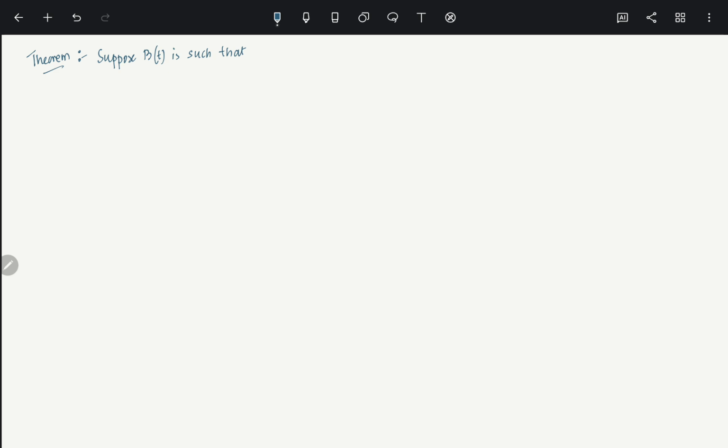What does it mean? If you know that the norm of b grows no faster than an exponential, so basically it is bounded by an exponential, then the solution will also be bounded by an exponential. That's what it is saying essentially.